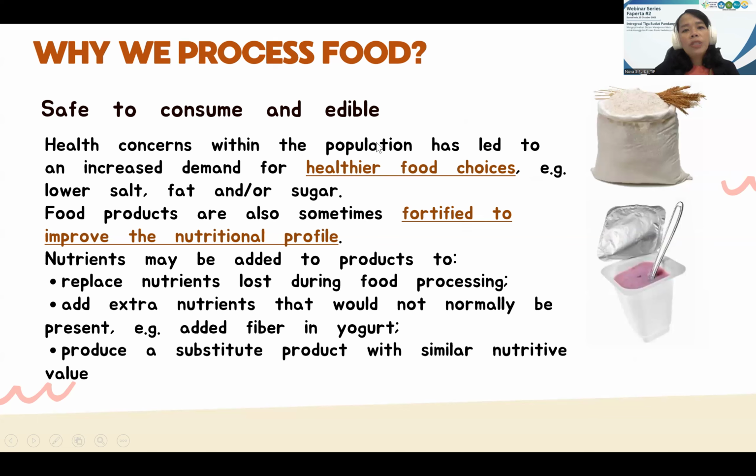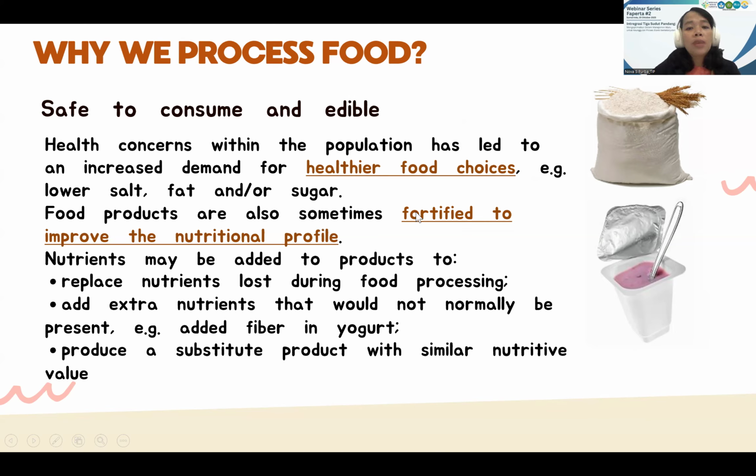The health concern of the population has led to increasing demand for food that needs to be healthy, because healthier food choices are being developed. For example, food that has lower salt or fat, or even has no sugar.